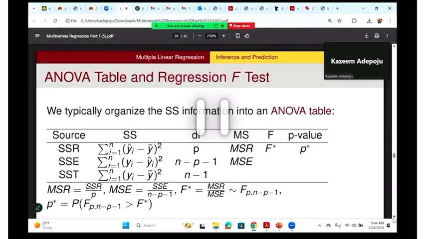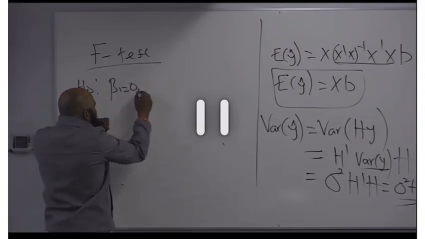Now, let me tell you this. You know what the F-test is testing? The F-test tests between two models. Please pay attention. In the null hypothesis, it is testing that your model fails.